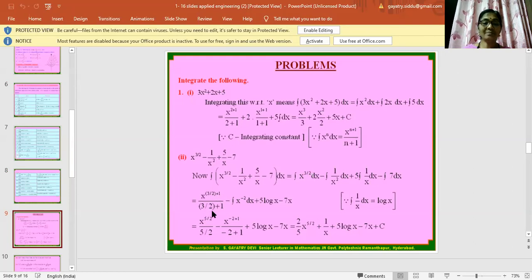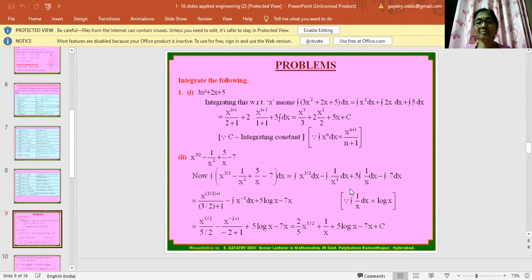So n plus 1 by n plus 1 is giving you 3 by 2 plus 1 by 3 by 2 plus 1. And here 1 by x square means you have only formula for 1 by x, that is only where the power n equal to minus 1. Other than minus 1, that is minus 2 to minus infinity, plus 1 to plus infinity, everything comes under the form x power n integration.